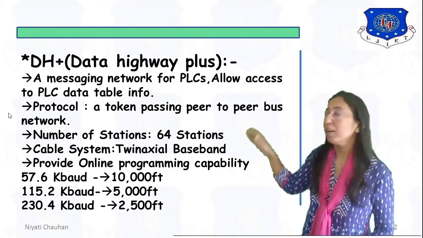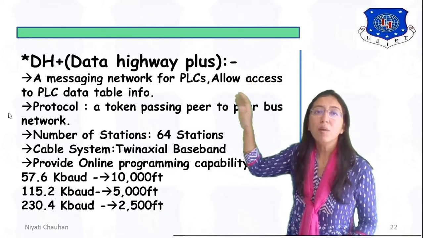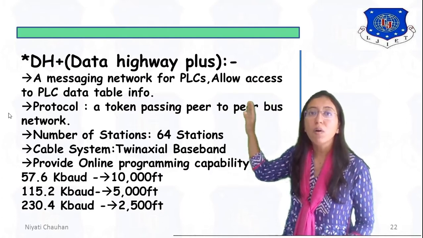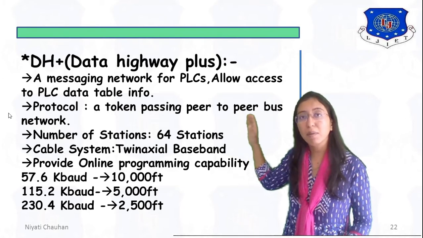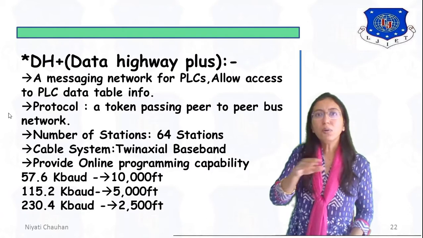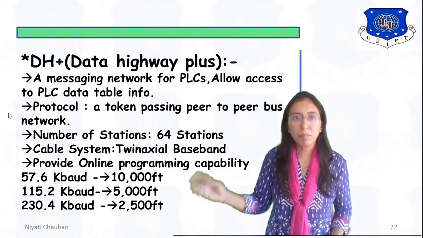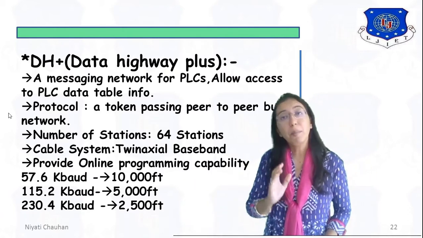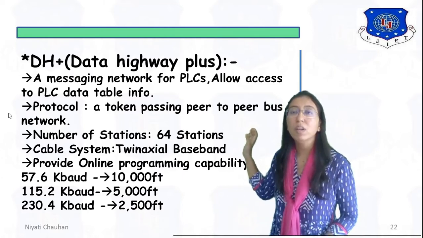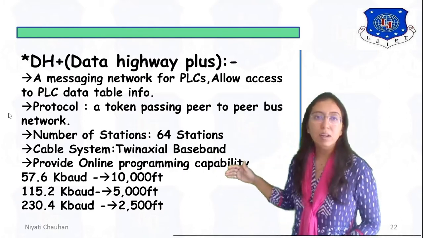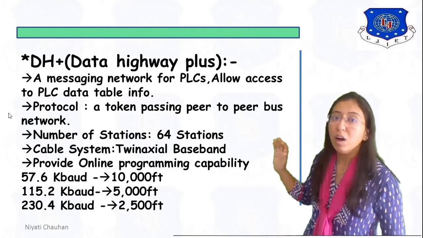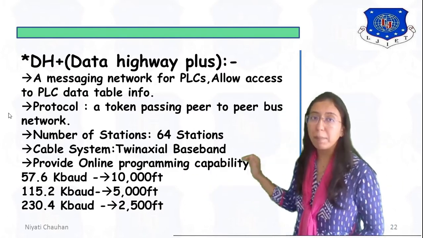DH plus, Data Highway Plus, is a messaging network for PLCs that allows access to PLC data table information. Protocol: a token passing peer-to-peer bus network. Number of stations: here 64 stations we can use in DH plus, and the cable system should be twinaxial baseband. It provides online programming capability.